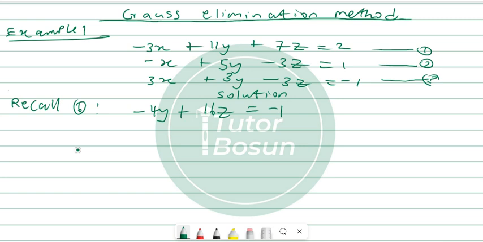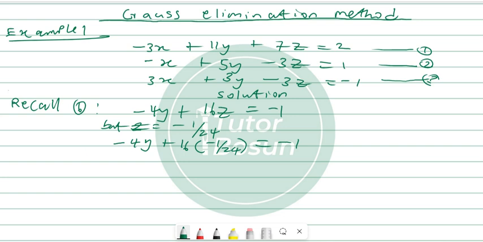If you are following us, we got our z to be minus 1 over 24. Then if you put that into equation 6, that will be minus 4y plus 16 times minus 1 over 24 equals minus 1.